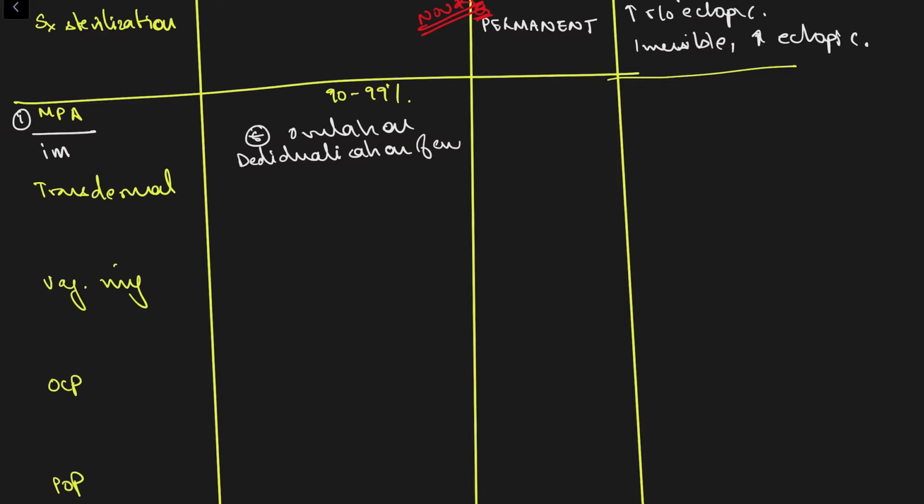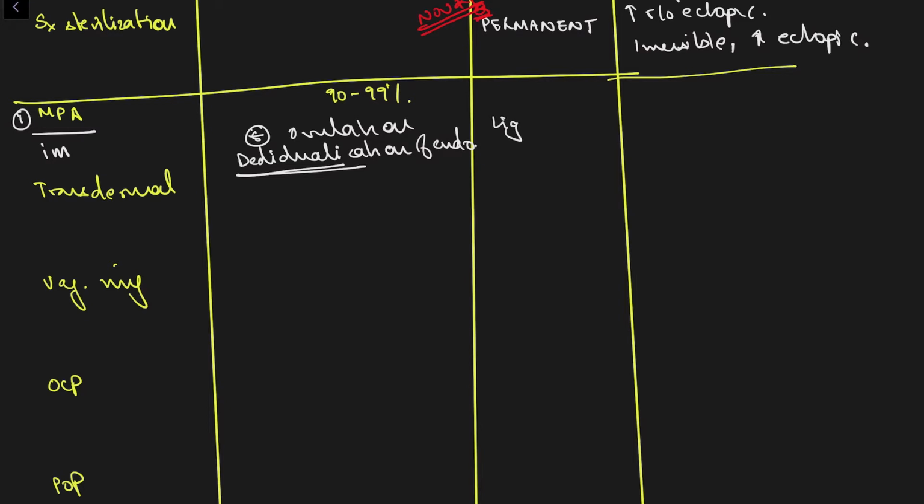What is decidualization of endometrium? Remember, in pregnancy we read about the term decidua. Decidua is a pregnant endometrium. That is the secretory endometrium, or the endometrium which is a thick endometrium under the influence of progesterone.